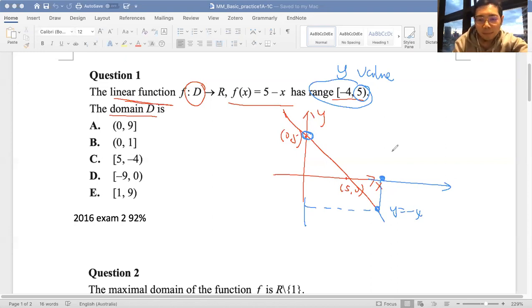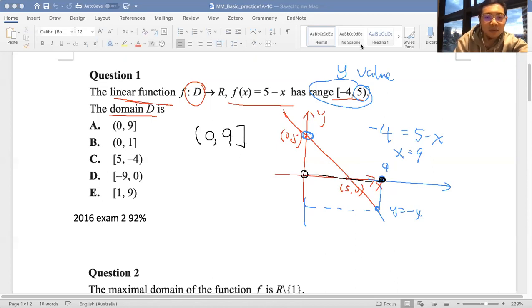So I plug y equal -4 into the equation. It's 5 minus x. My x is 9, so which means over here. So my x value is going to be from the starting point over here, empty circle, to this dot. Okay, so it should be 0, 9, like this. So the final answer should be A.